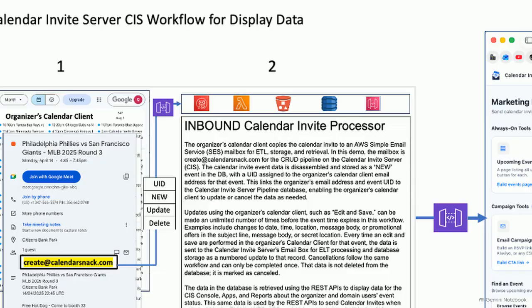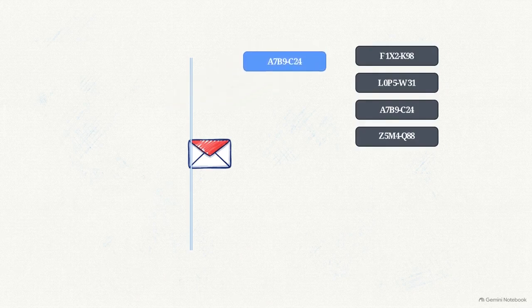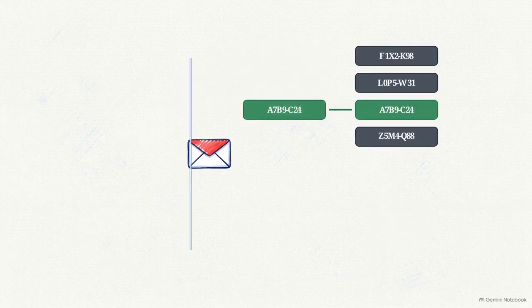Returning to the visual pathways on our diagram, we can see how the system routes these secondary actions. Saving an edit generates an entirely new email payload, which follows these update and delete arrows straight into the SES mailbox. To parse this update, the system extracts the UID from the new payload's metadata. It checks this string against a list of pre-existing UUIDs.